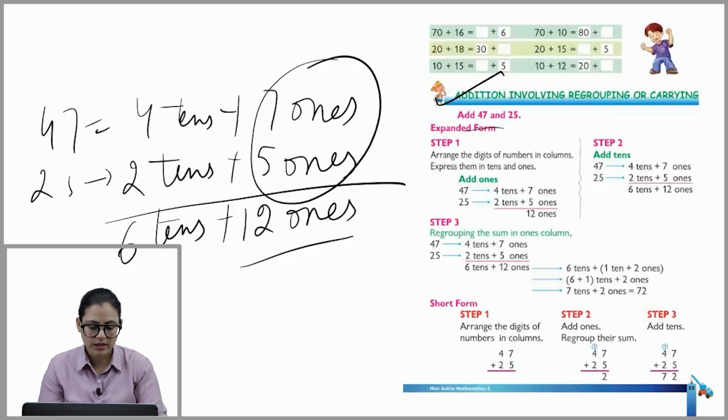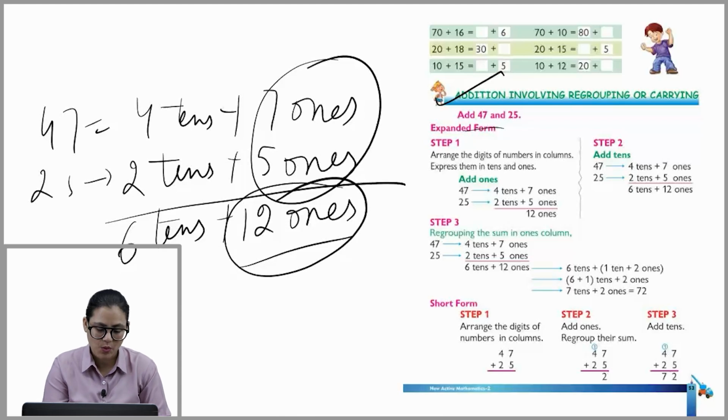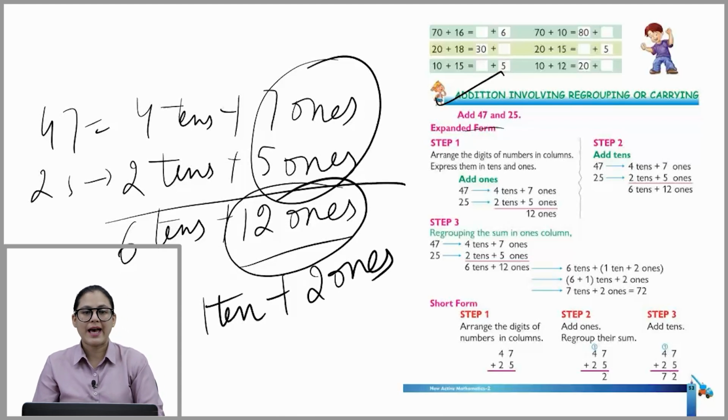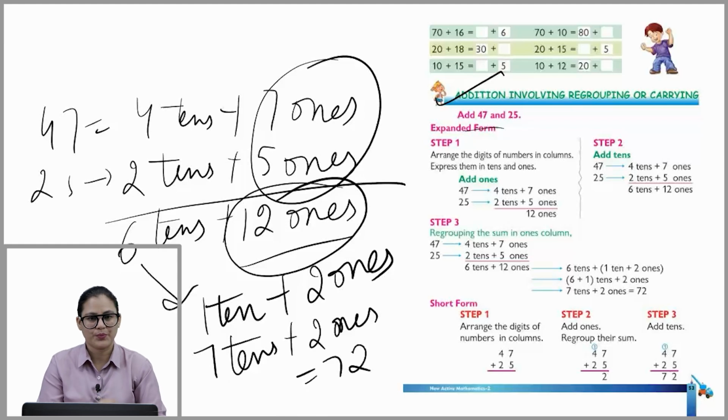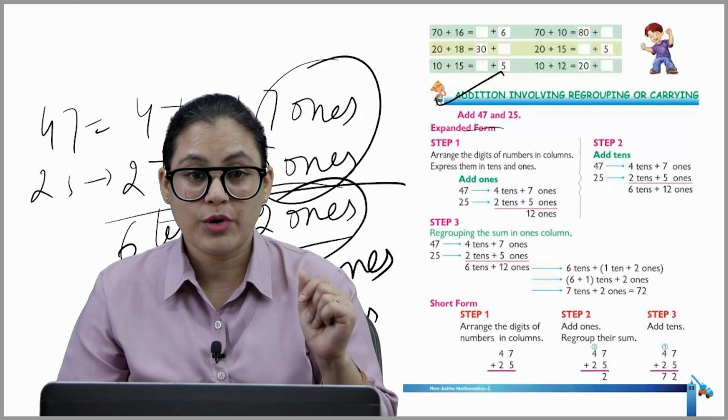In the ones column there are 12 ones. We will regroup these 12 ones as 1 ten plus 2 ones. And what would be the final answer? The final answer would be 6 plus 1, 7 tens plus 2 ones. That is 72.